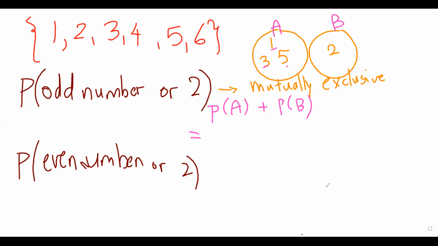How many outcomes do we have? 3. 3 over how many numbers? 6, bravo, plus the probability of event B, choosing number 2. How many outcomes? 1, bravo, only one outcome, over 6. So the answer will be 4 over 6.